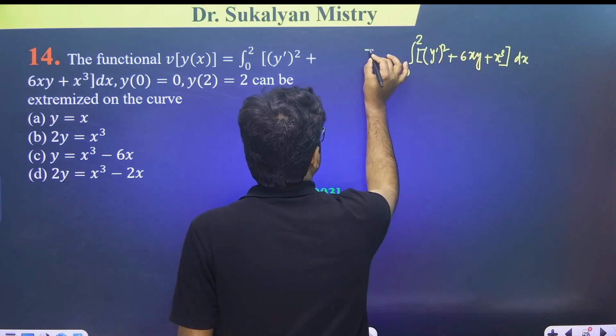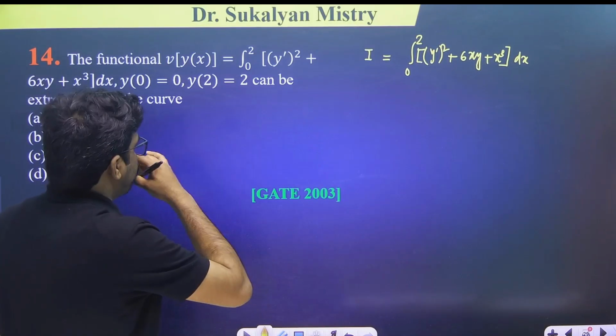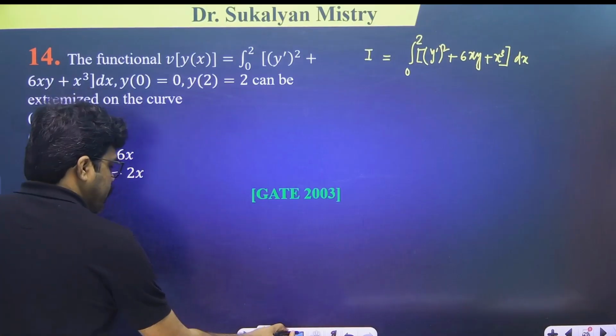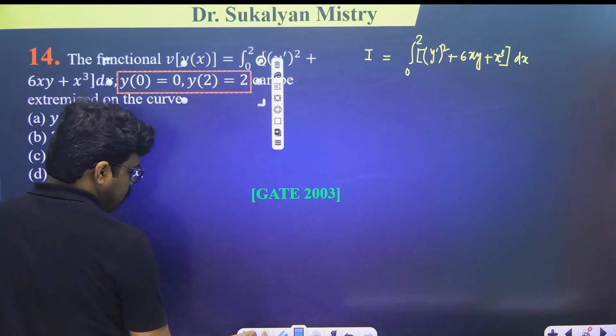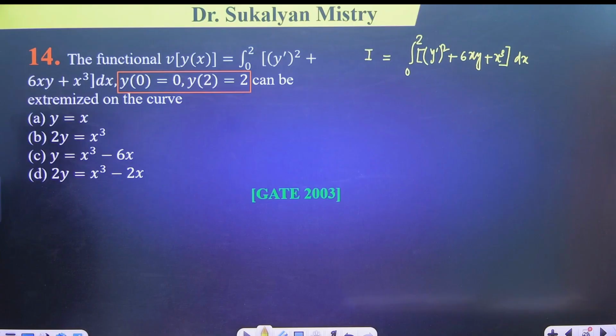We have to extremize this functional. I is a function of y. What are the boundary conditions? The boundary conditions are y(0) is equal to 0 and y(2) is equal to 2. It can be extremized on the curve.